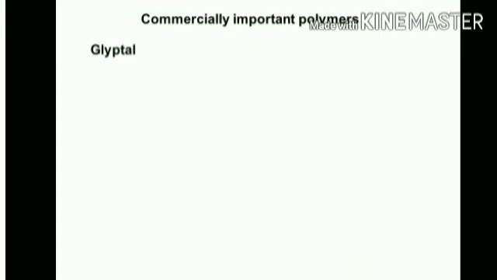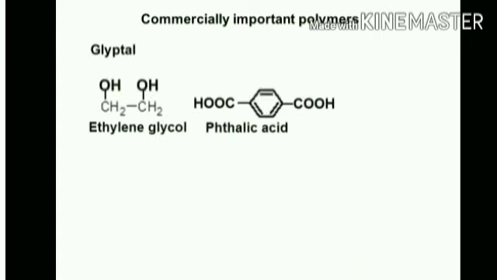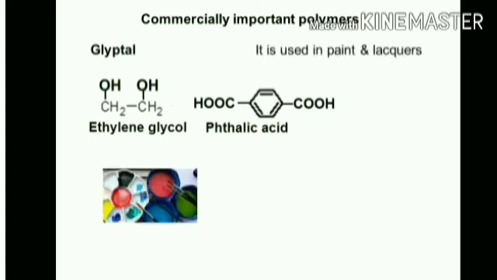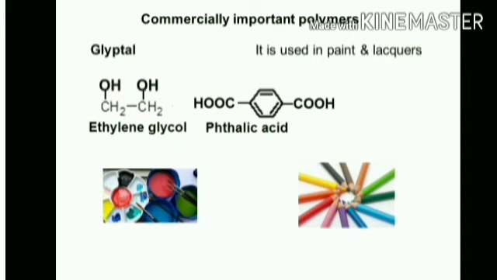Glyptal. It contains two monomers, ethylene glycol and phthalic acid. It is used in making paints and lacquers. Polycarbonate. It contains the monomers bisphenol and phosgene.